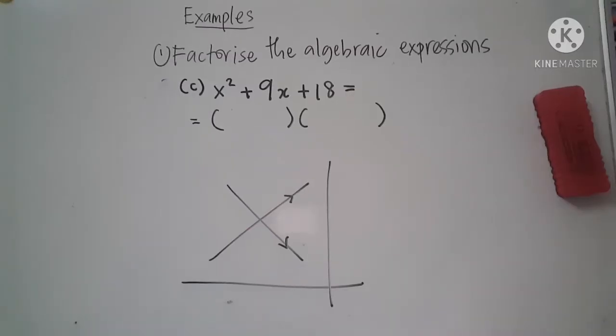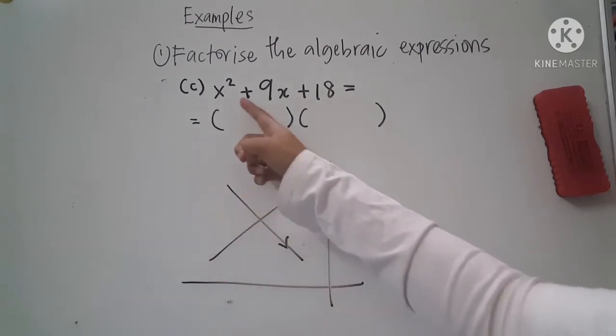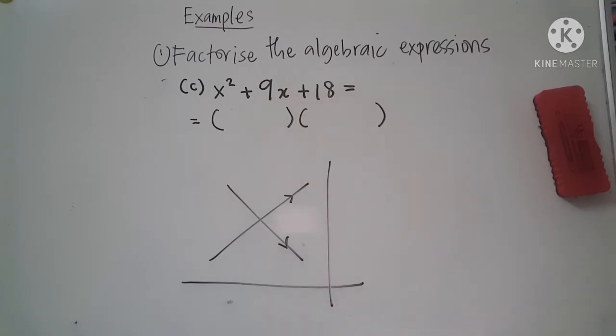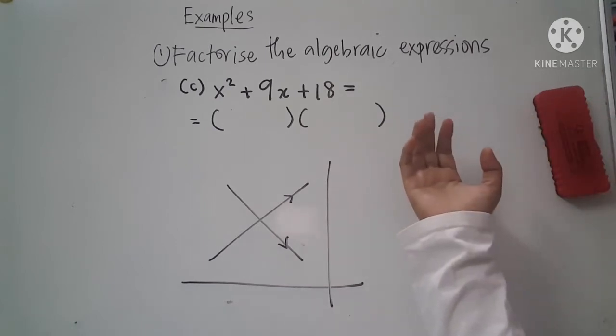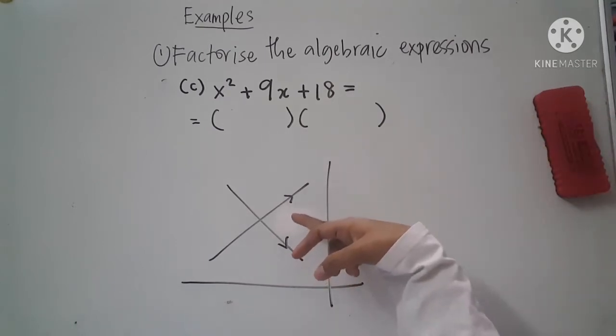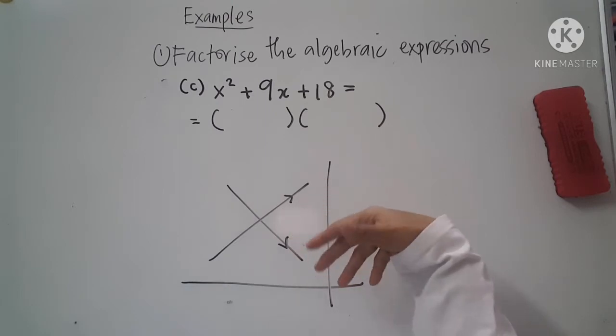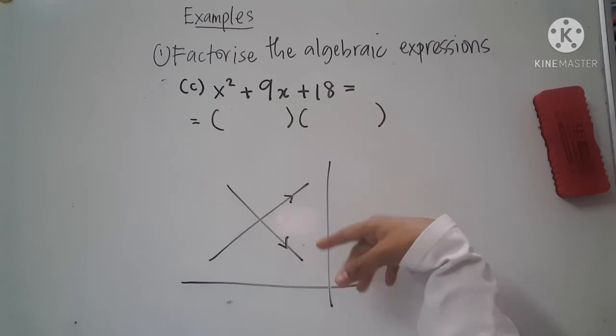Next question, C. x squared plus 9x plus 18. Now, can you try and solve the question? There are many methods. This method is what we call the cross multiplication. Let's say you don't want to use this kind of method, it's okay.